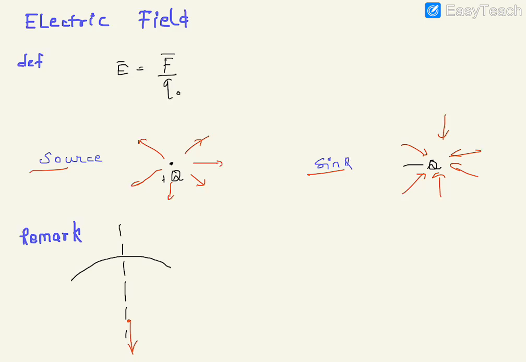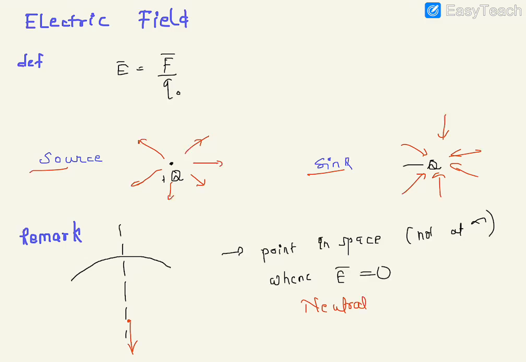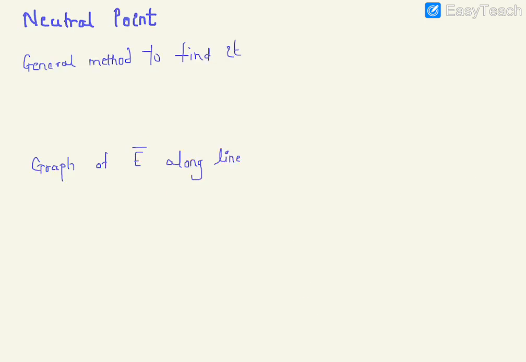And you must remember this: a point in space, which is not at infinity, where the electric field is equal to 0, is known as a neutral point, and that is a part of our next discussion coming up.